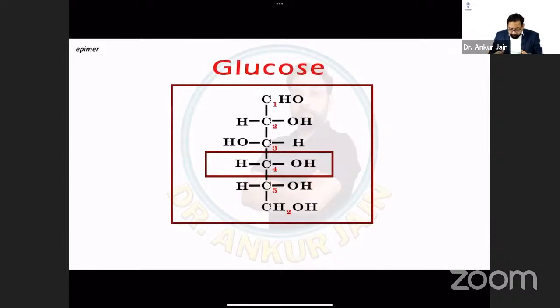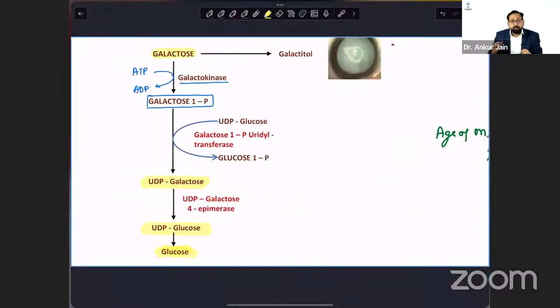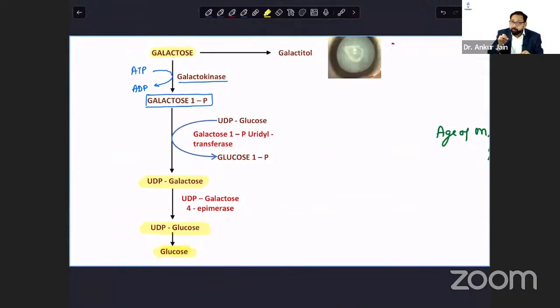But before that, we must add it to UDP so that you can rotate it. Galactose 1 phosphate reacts with UDP glucose, galactose is transferred to UDP and the phosphate group is transferred to glucose. So glucose becomes glucose 1 phosphate and galactose 1 phosphate becomes UDP galactose.